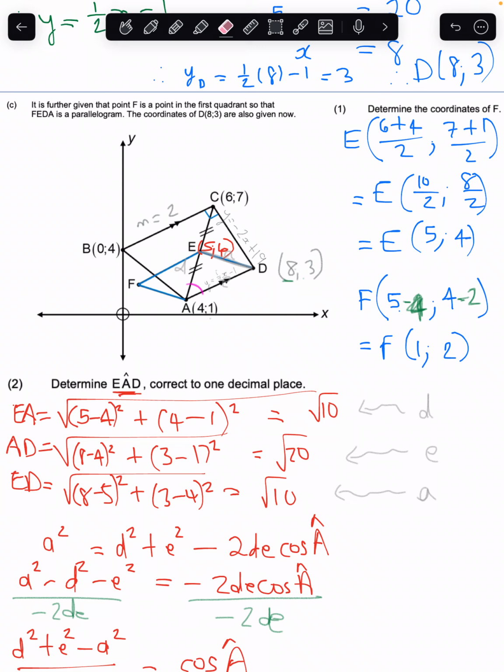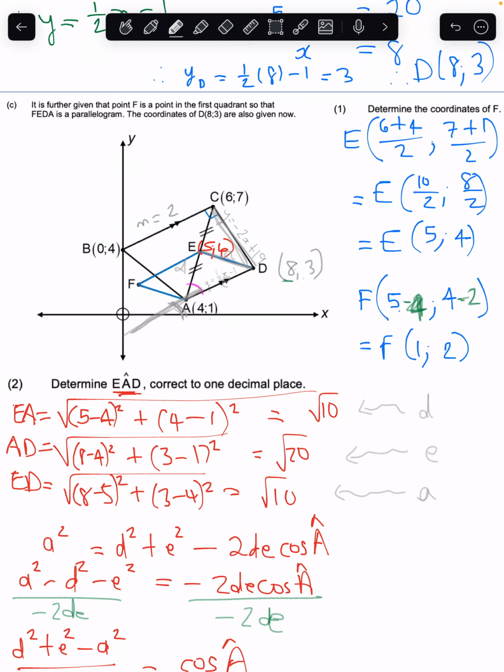So they say the gradient of AD is a half. Yes. Then they extend this line to over here, and they find that angle of inclination. And then from there, they find the gradient of AC. Well, they know the gradient of AC, we know that from the first question, I think.